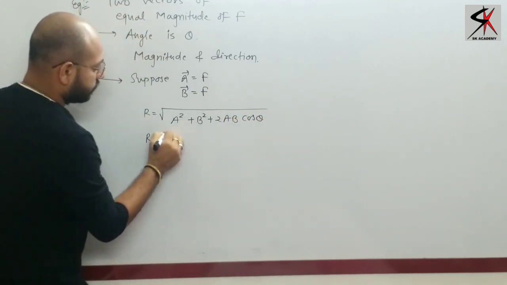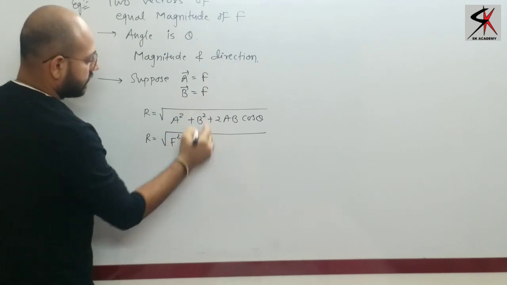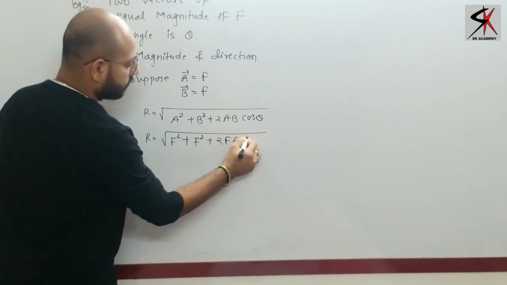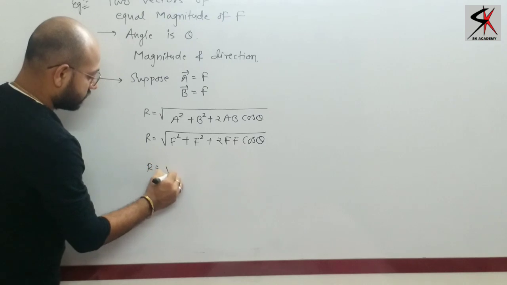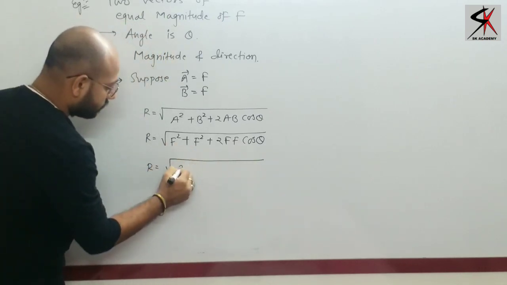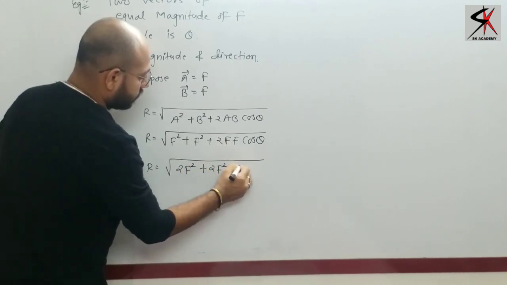Then r is equal to under root f square plus f square plus 2f into f cos theta. So r is equal to under root 2f square plus 2f square cos theta.